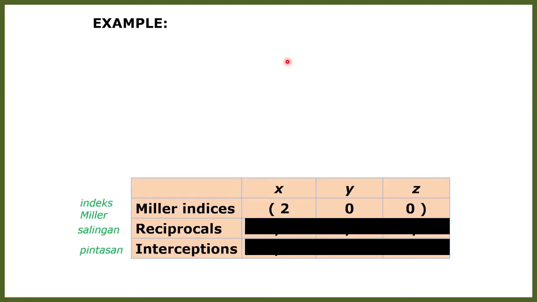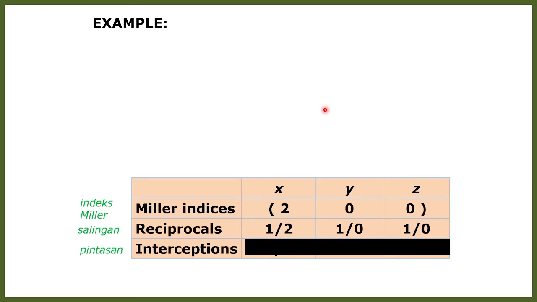Okay, if the Miller index is 200, how is the plane? Again, state the Miller index 200 and find the reciprocal for this plane. For x it is 1 over 2, for y it is 1 over 0, and for z it is 1 over 0.